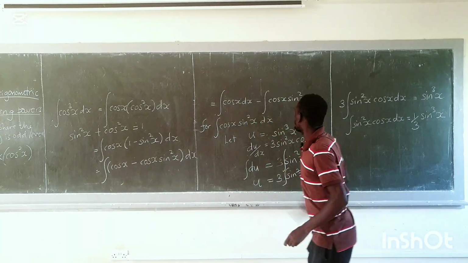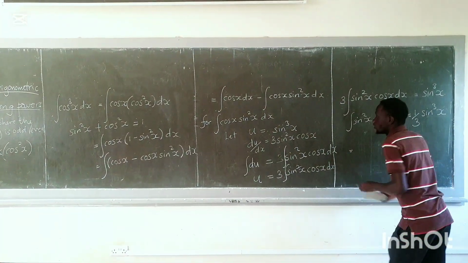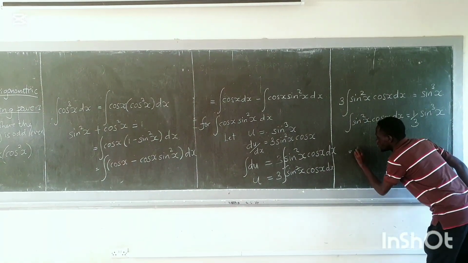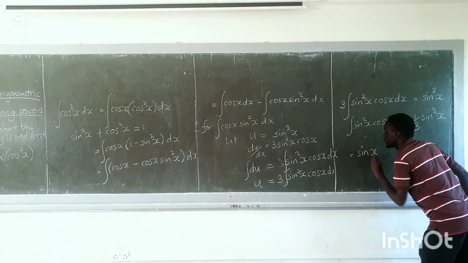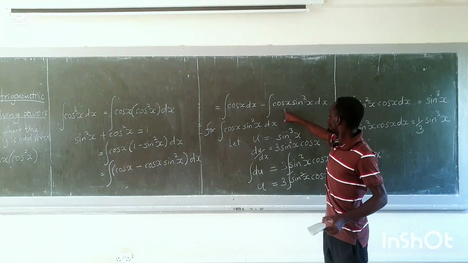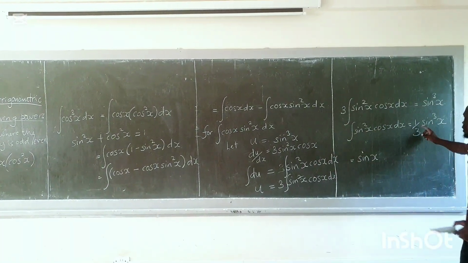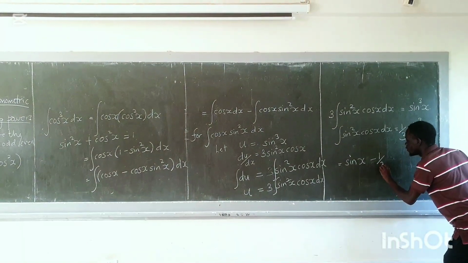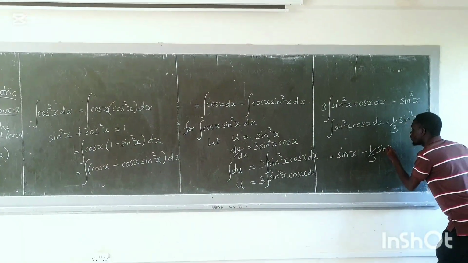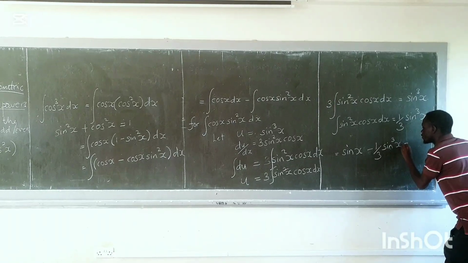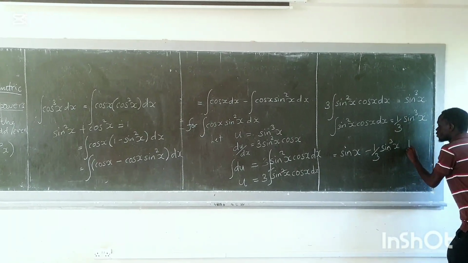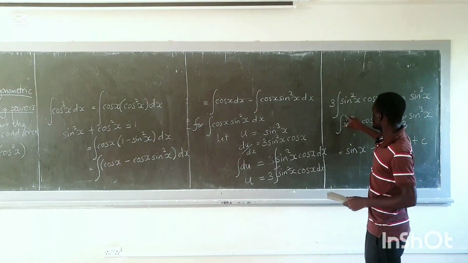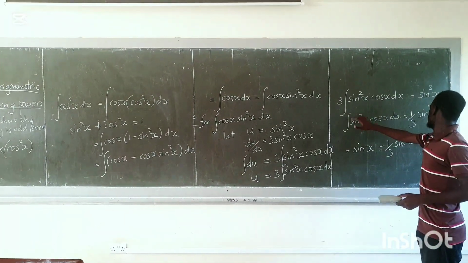Going back to my problem, the integral of cos x will give me sin x. The integral of this, I've realized it gives me negative a third sin^3 x, plus the constant, if at all the parameters are not given, or the limits.